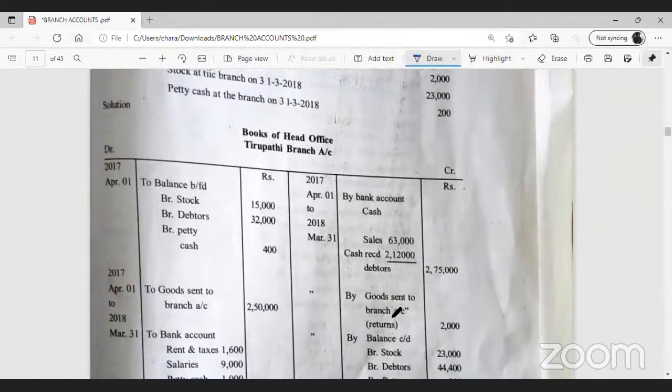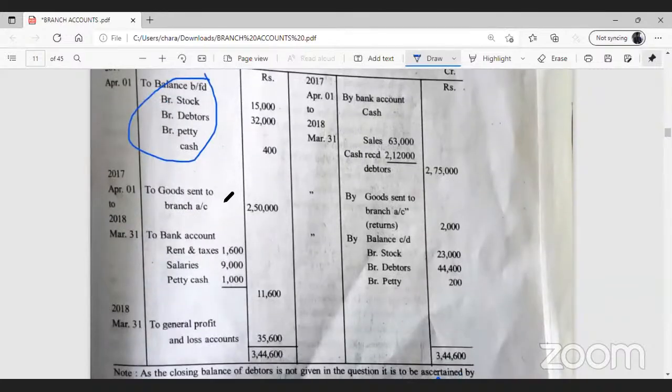In the branch account, take all the expenses on the debit side and incomes on the credit side, and transfer the assets. See, opening balance of assets is taken here first, then goods sent to branch, then expenses paid by the bank account.